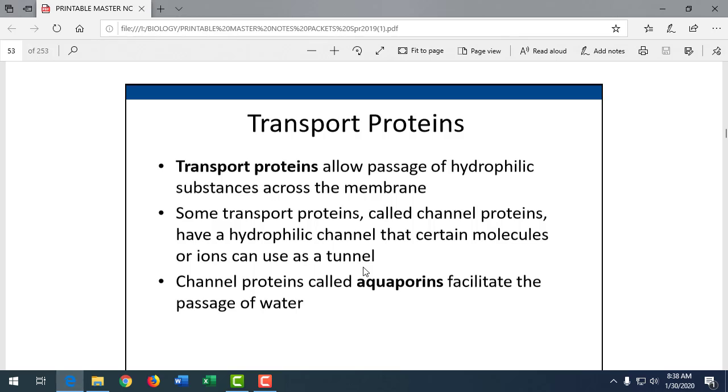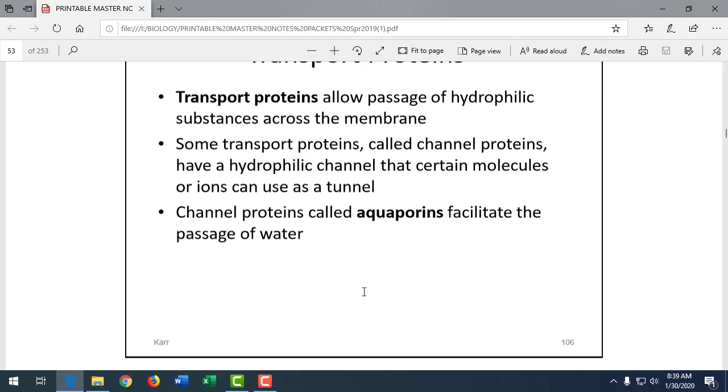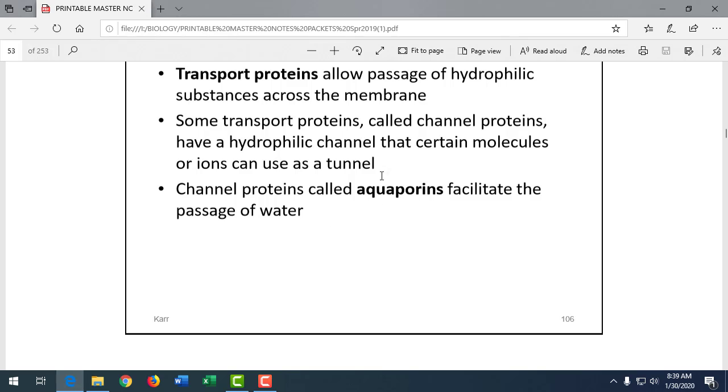Okay, so these transport proteins then, if it's a charged substance like sugar or ions, it needs a transport protein. And some proteins are tiny little proteins just for water, and we call those aquaporins. So these are bolded terms that you should know definitely for our test. Aquaporins are tiny little transport proteins that allow water to pass through, because water is charged.